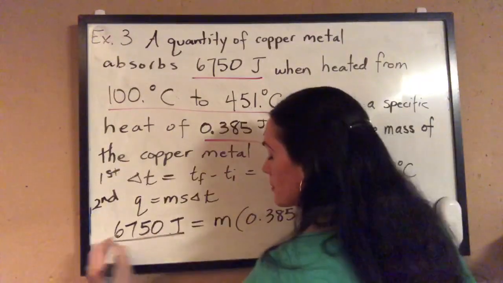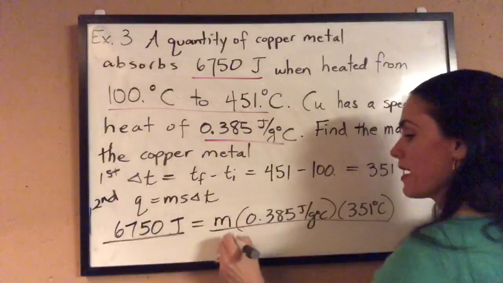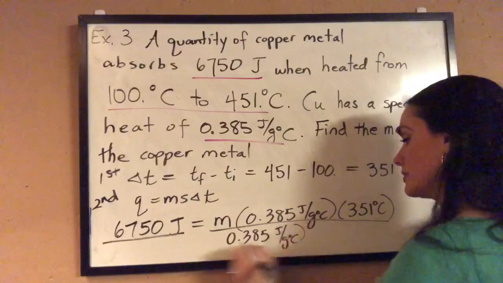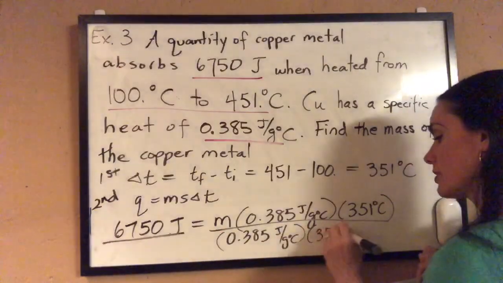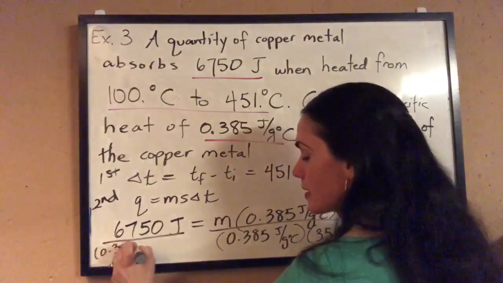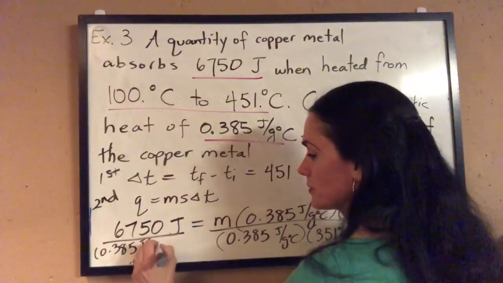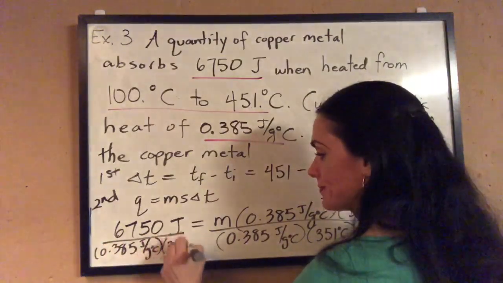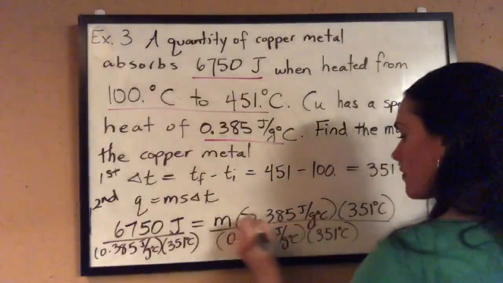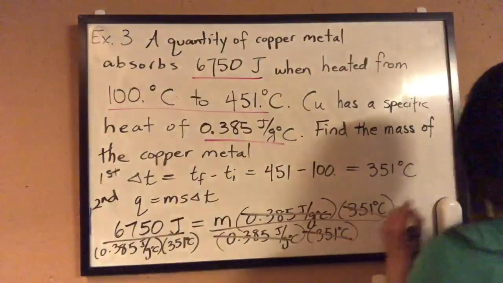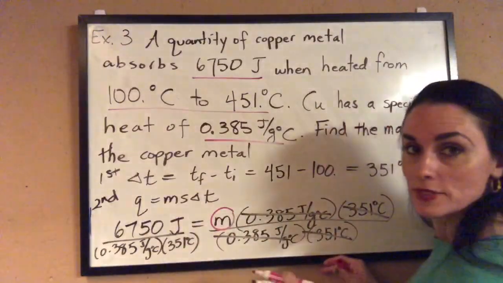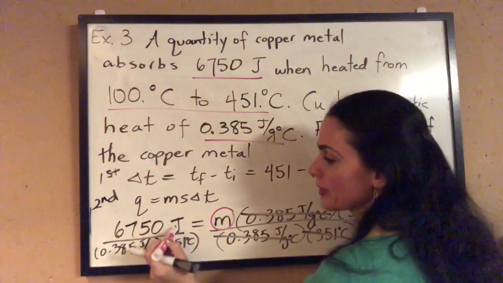Okay. We want to get M by itself to find the mass. Divide both sides by specific heat and by temperature. This cancels, this cancels, cancels, cancels. And we're left with a variable of M for the mass. Now, pay attention to this corner here.